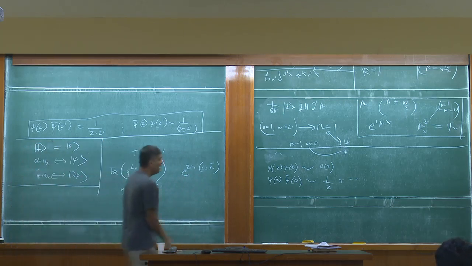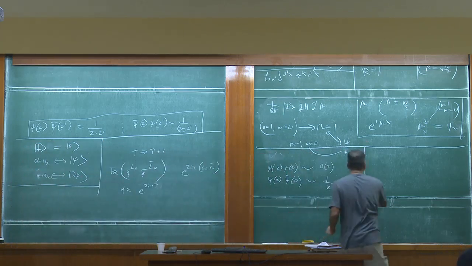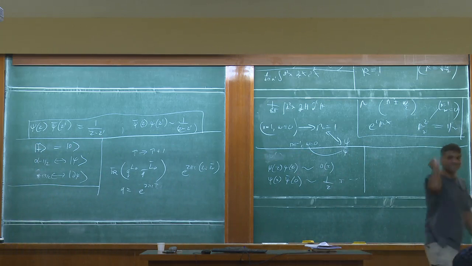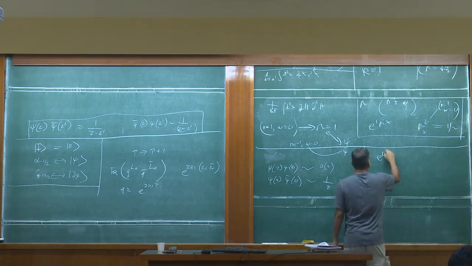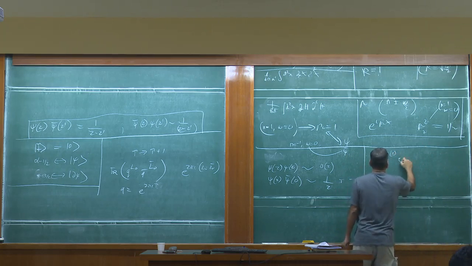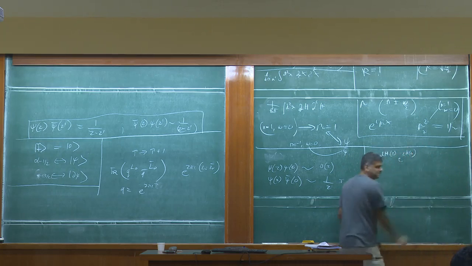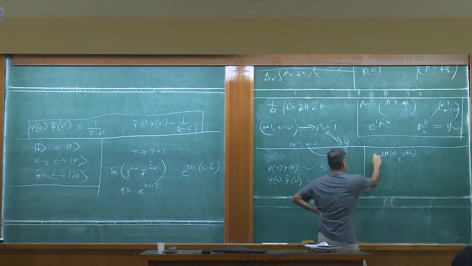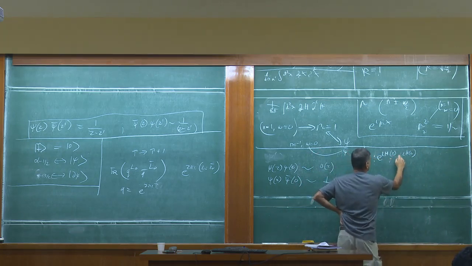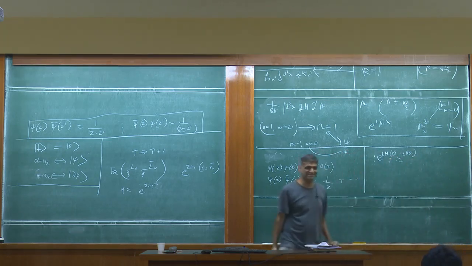Okay? Let's compare this to what we see from these e to the power ih's. So let's look at e to the power ih of z, e to the power ih of 0. So remember, of course, all these, though I don't write it usually, are normal ordered operators.